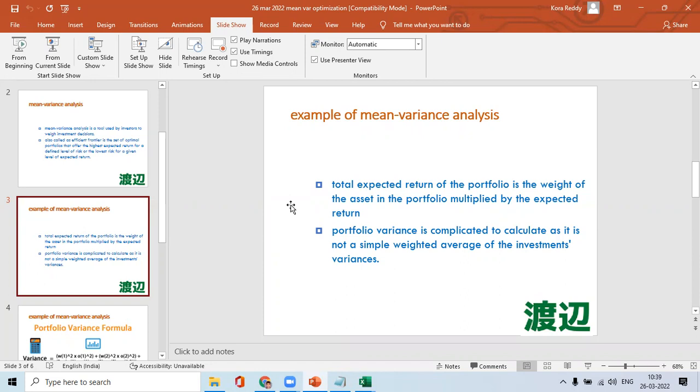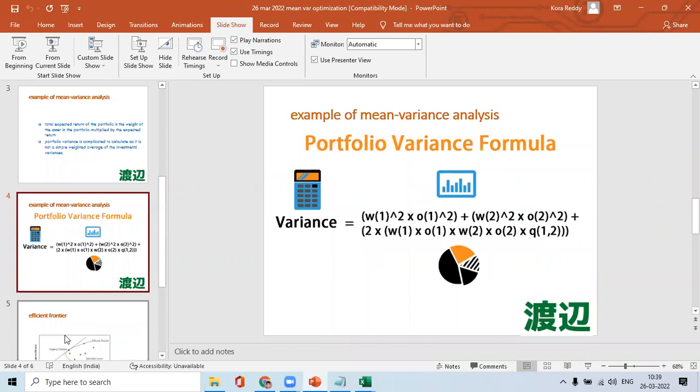Now, because we are taking two, it gets a little complicated. This is the formula I picked up from the internet, so you can see the links where the source is.